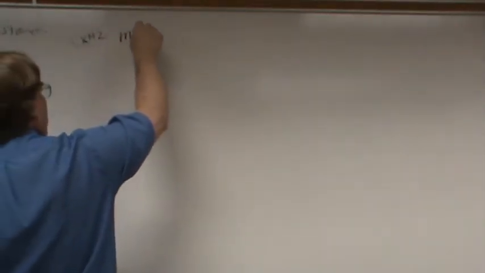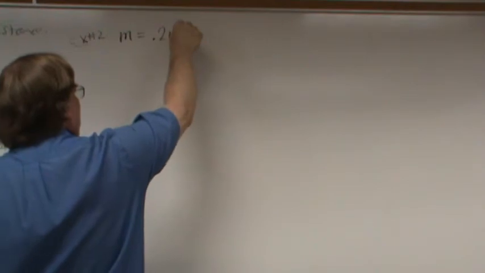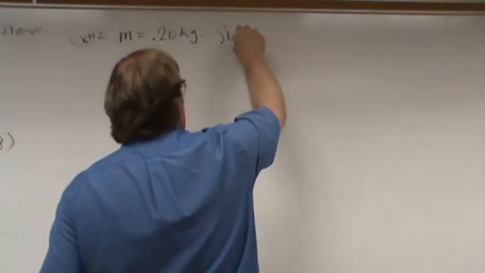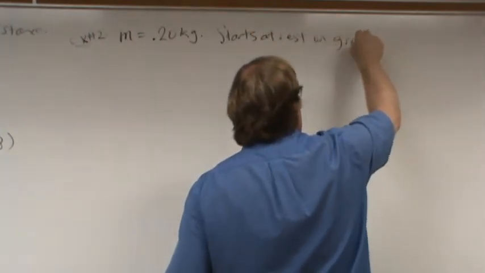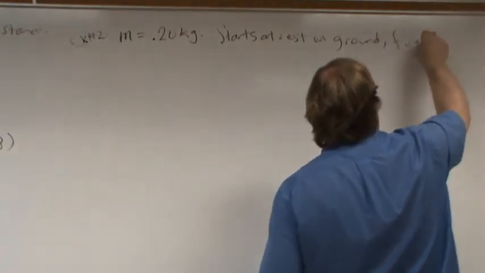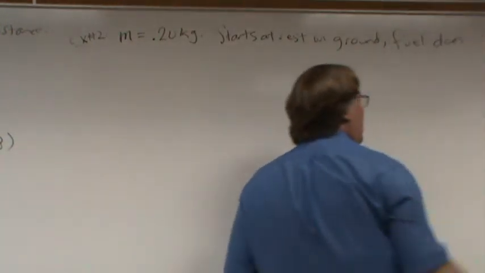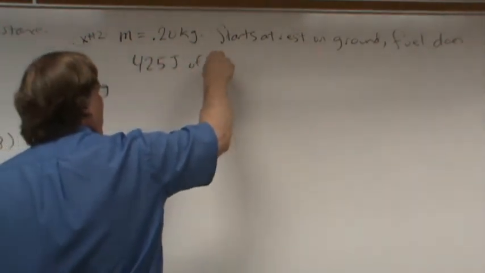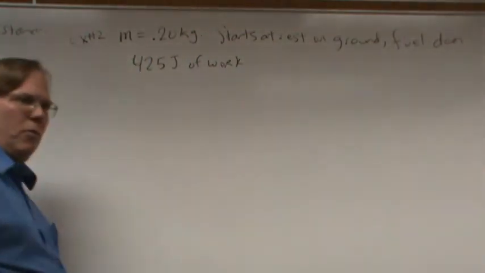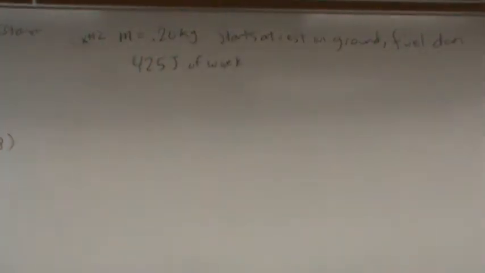You got a toy rocket. Example number 2. The mass of this toy rocket is 0.20 kilograms. It starts at rest on the ground. The fuel does 425 joules of work. Remember how fuel works? The rocket pushes down on the fuel, so the fuel pushes back up on the rocket.